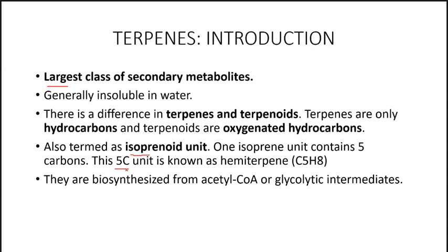One isoprene combines with another isoprene to form a 10 carbon compound, and the 10 carbon will combine with another isoprene unit to form a 15 carbon compound. In that way they can form a large number of terpenes. By different combinations of isoprene units they can form a large number of terpenes. So terpenes are the largest class of secondary metabolites. They are insoluble in water.